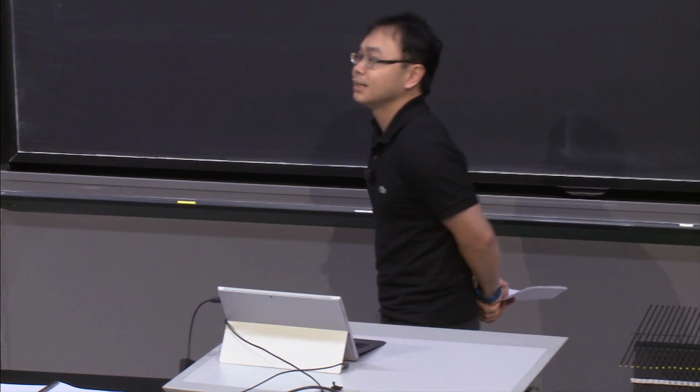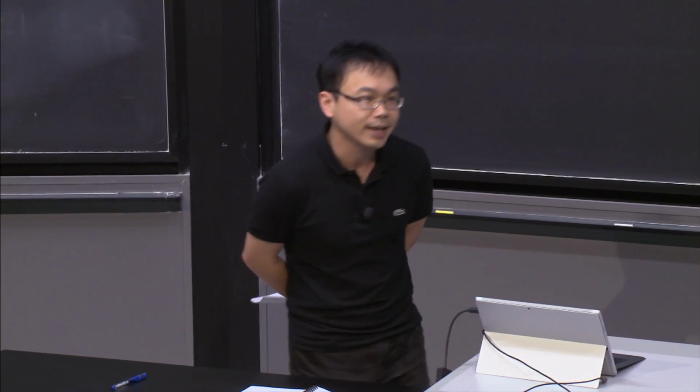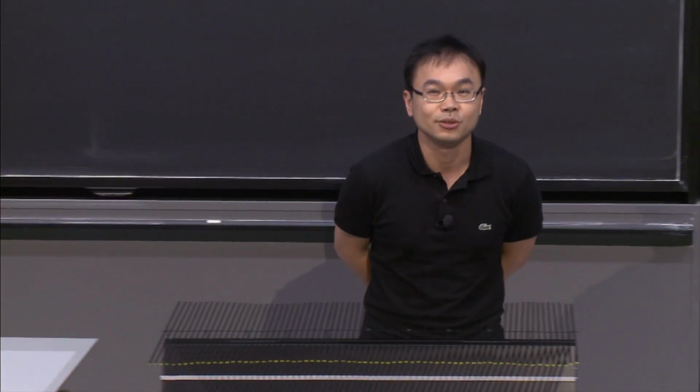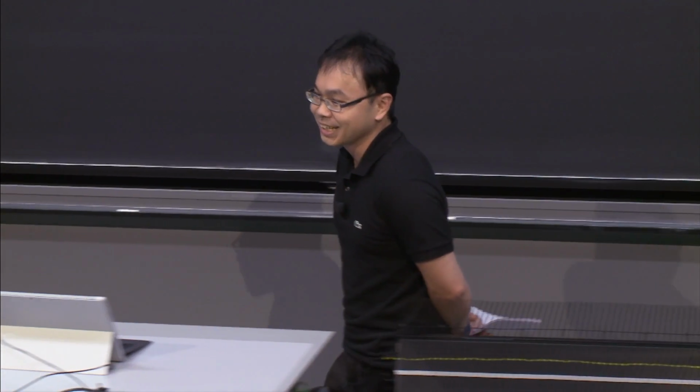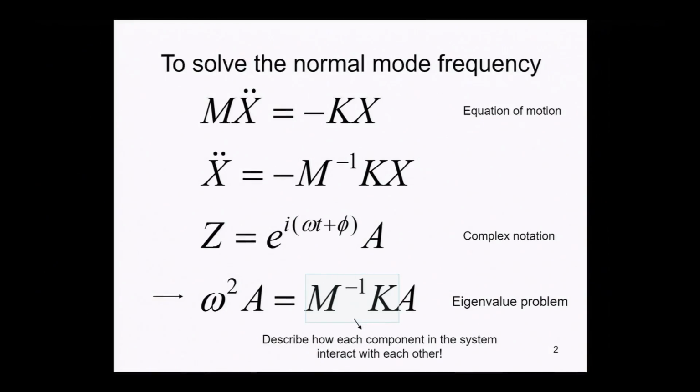Welcome back, everybody, to 8.03. Today, we are going to continue the discussion of symmetry matrices, which we started last time. The thing which we have been doing is solving the normal mode frequencies of a coupled system by looking at the equation of motion, M x double dot equals minus K x.